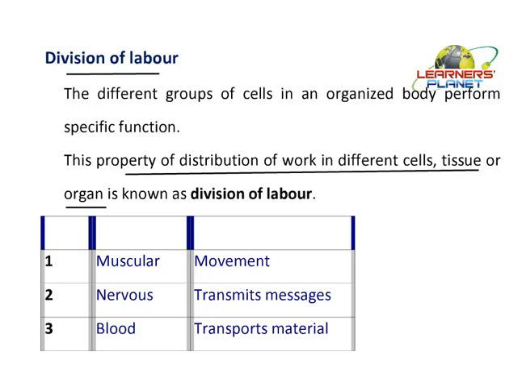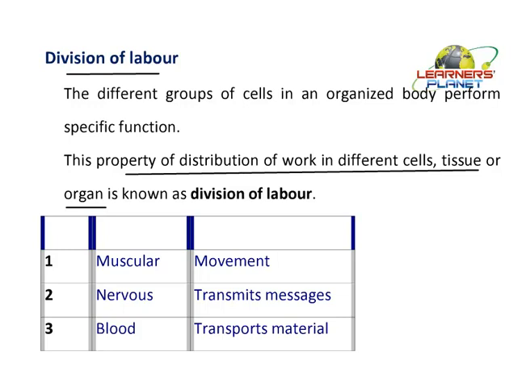Now don't get confused here. Don't think that if your stomach is meant for digestion and receiving food, then it is selfish and won't provide it to other parts of the body. No, it has to work in coordination with the other systems. If it is meant for digestion, the food has to be digested. For that, energy is required.